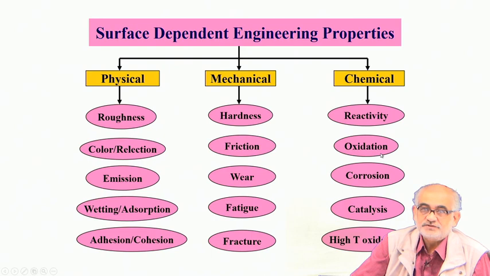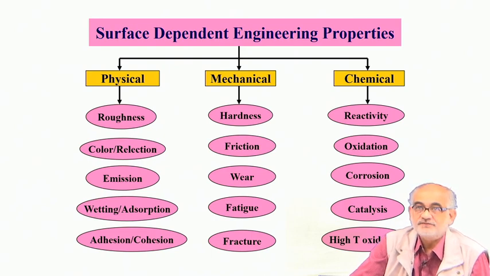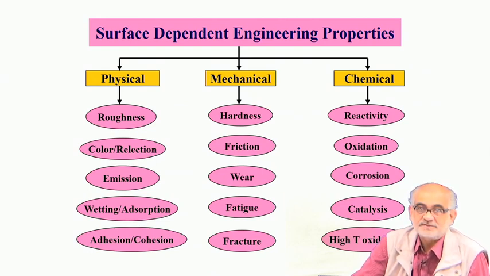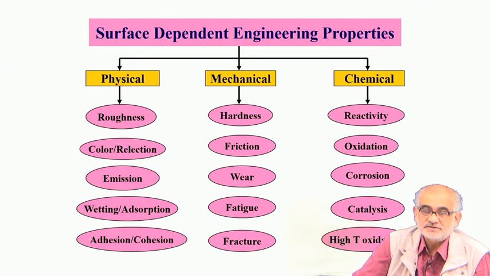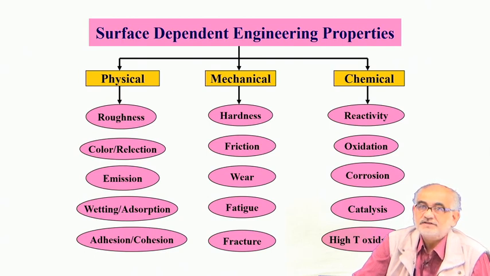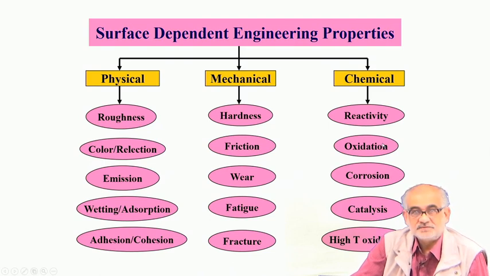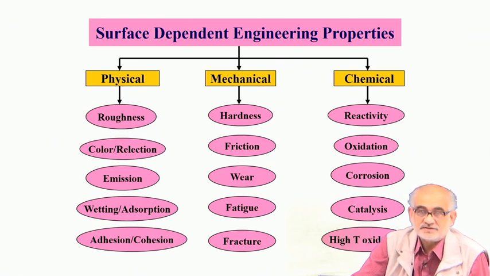So talking about surface dependent properties, essentially we are talking about engineering properties. For example, when we talk of strength, when we actually perform a tensile deformation or a compression deformation or torsional, we are talking about the strength of the bulk. But when we try to scratch a solid and see that whatever device we are using for scratching is unable to make a scratch, then we conclude that the surface is very hard and we cannot make any scratch or indentation.